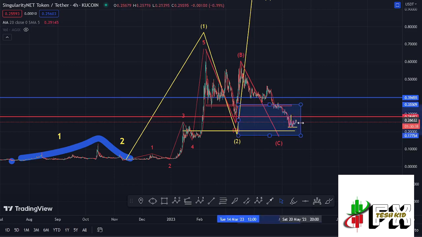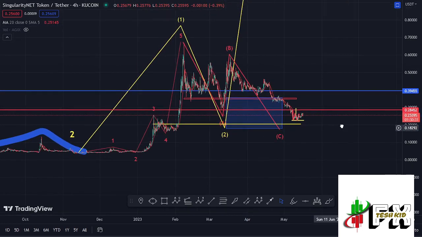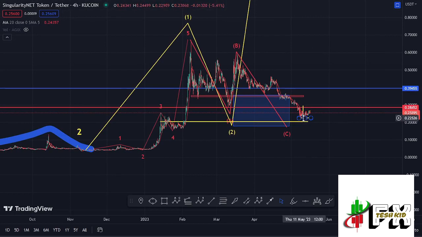At the time of this recording, you can see that we have almost fully maximized that blue target area in a breakdown that has now given us a low at around the $0.22 mark, though we are yet to fully confirm that that is the low for this wave 2.